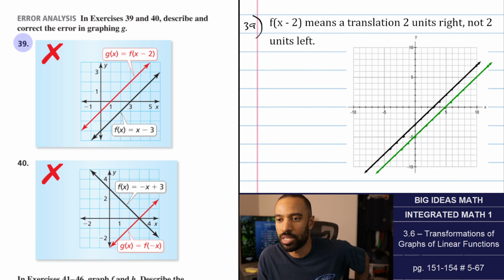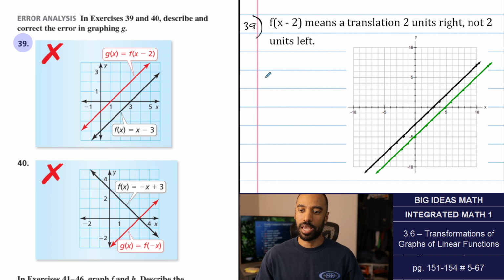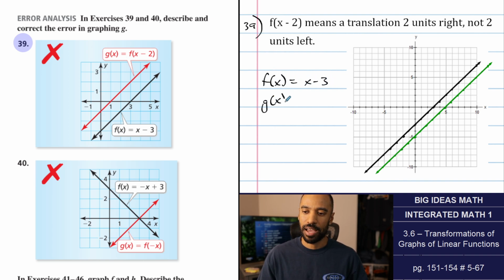Now let's confirm that we did this correctly. Take a look at the original f of x equals x minus 3, and g of x equals f of x minus 2. That means x minus 2 will take x's place in this equation, so g of x equals, instead of x minus 3, x minus 2 minus 3. And negative 2 minus 3 is negative 5.